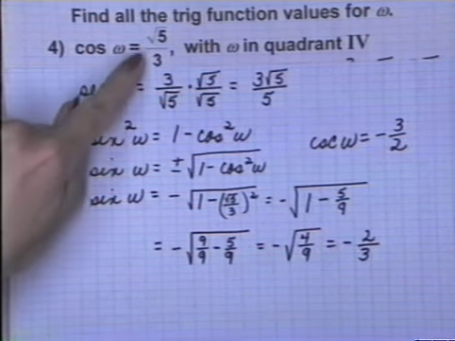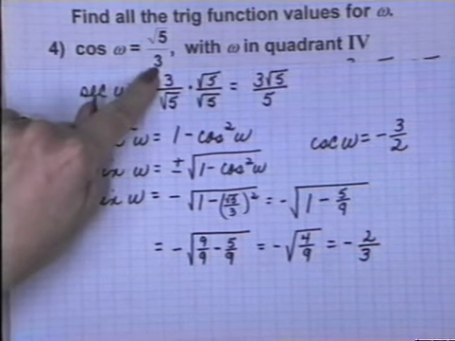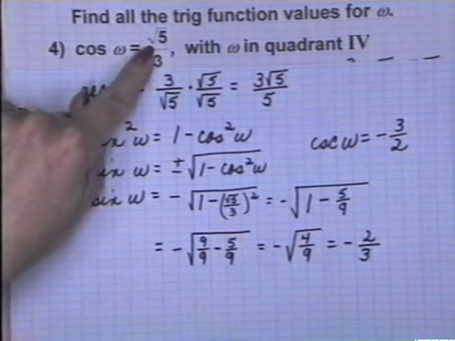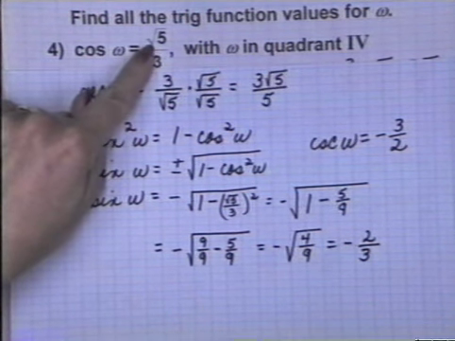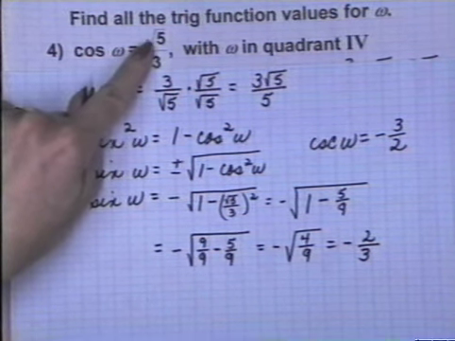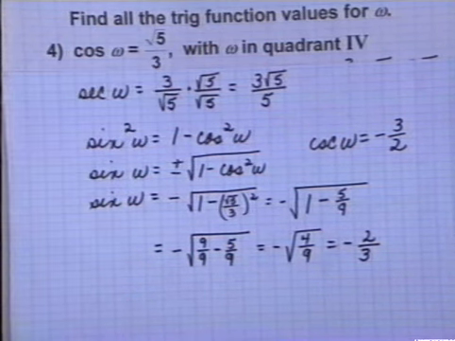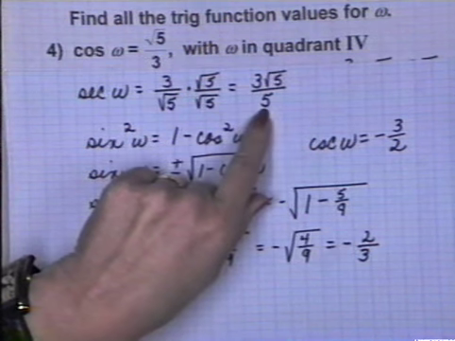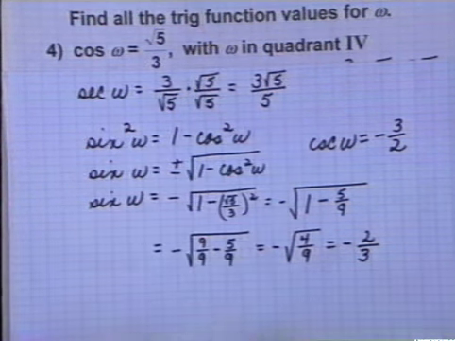Let's look at the values. The square root of 5 is approximately 2.2, and if you calculate that number, it's a number less than 1. And if you calculate this number, it's a number greater than 1.